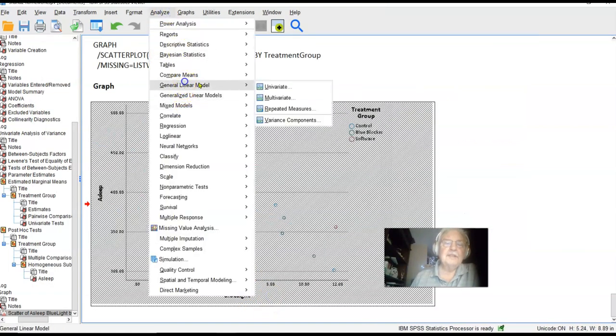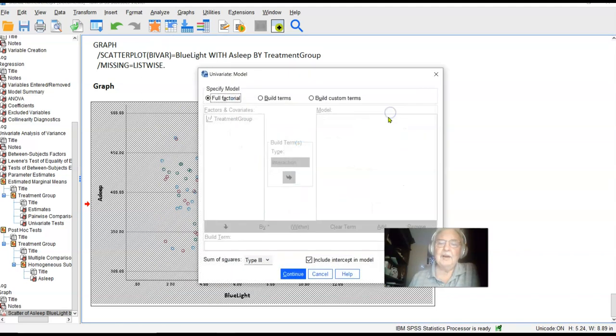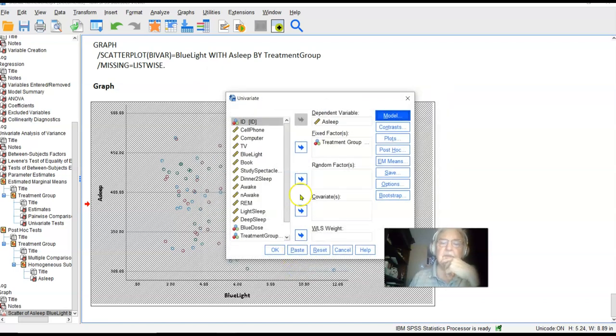Analyze, general linear model, univariate. And here we have to come up to the model, and we're going to build our terms. We want treatment group in there. The covariate isn't there.